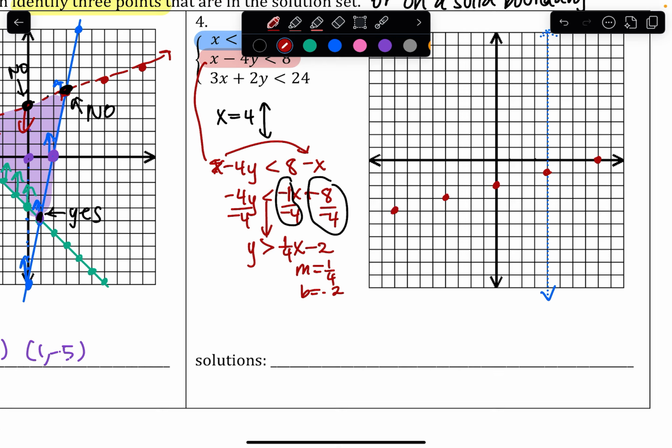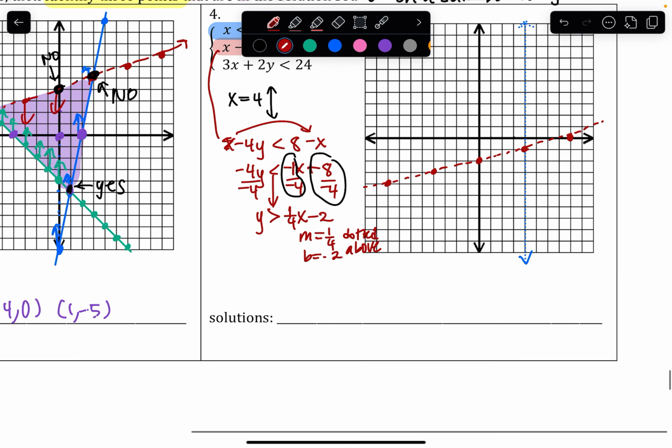And then this will be dotted, so there's no line here, and above, because it flipped to a greater than. So we want to do a dotted line. And we are going to shade above. So we have to be above this red line, and then we have to be to the left of the blue. So kind of picturing ourselves in this top quadrant here.